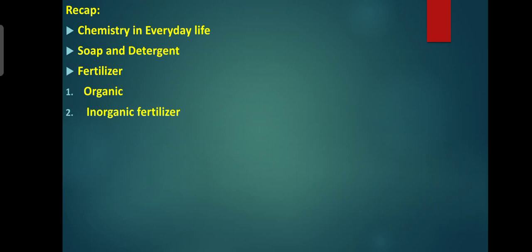A fertilizer is any material of natural or synthetic origin that is applied to soil or to plant tissue to supply one or more plant nutrients essential to the growth of the plant. Apart from water, sunlight and air, certain nutrients are also needed for the growth of the plants. Nutrients like water and minerals.